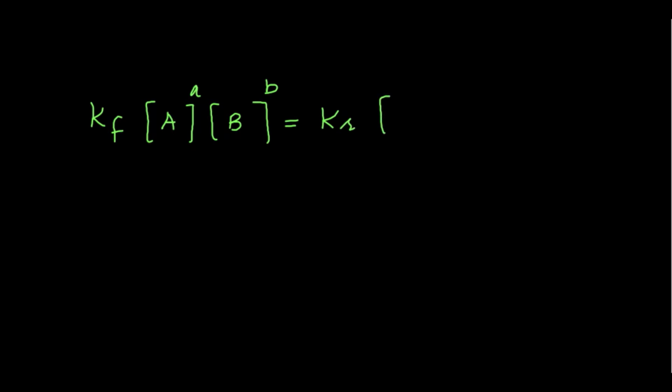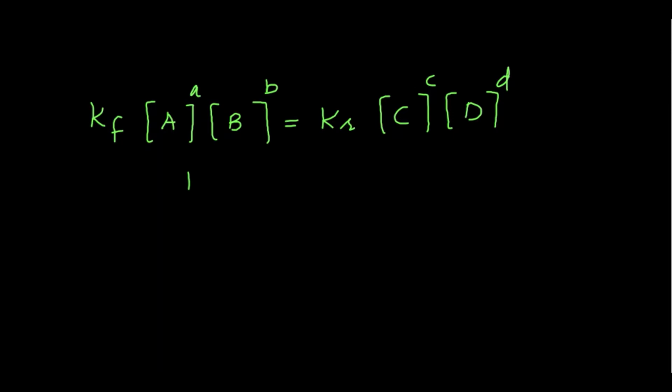If we substitute the values of RF and RR in equation number 1, right students, then we will get Kf into [A] raised to the power a into [B] raised to the power b is equal to Kr into [C] raised to the power c into [D] raised to the power d.